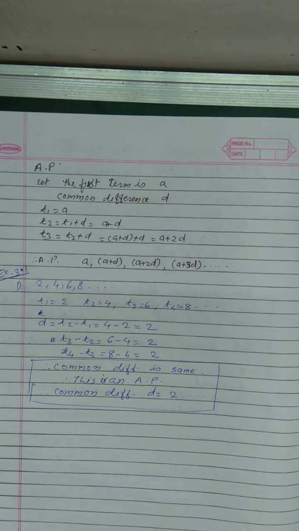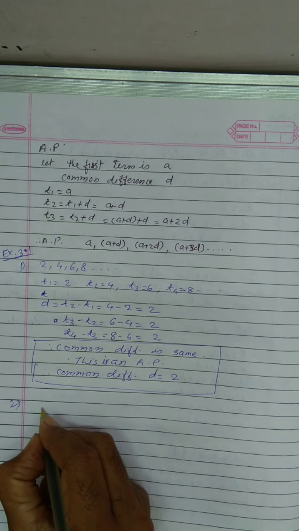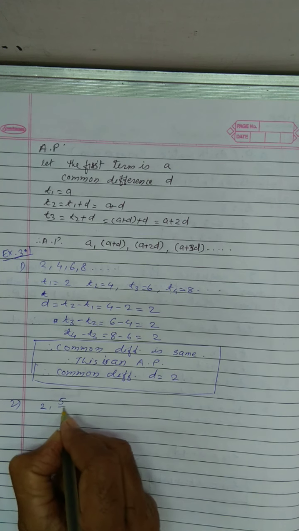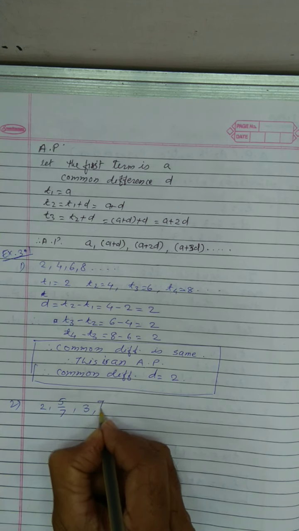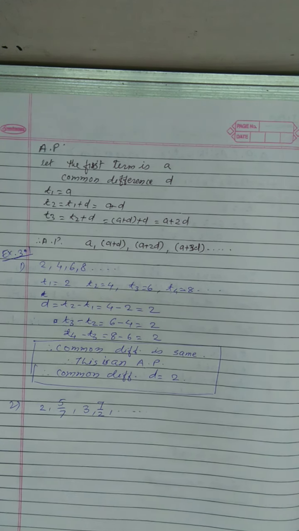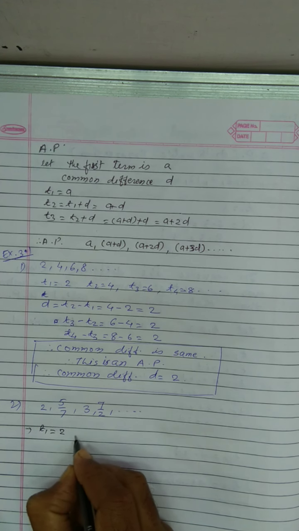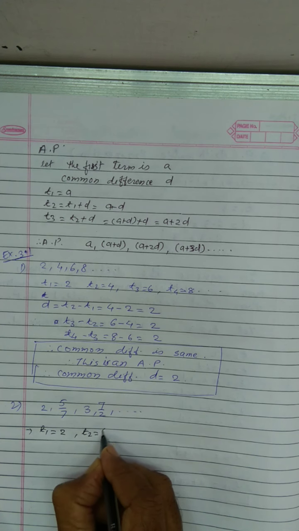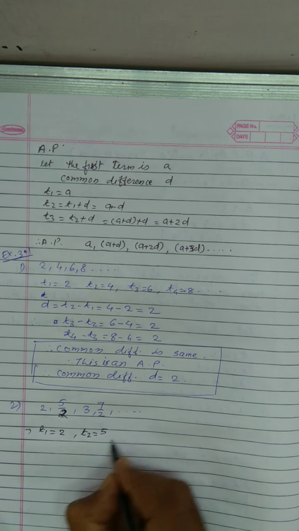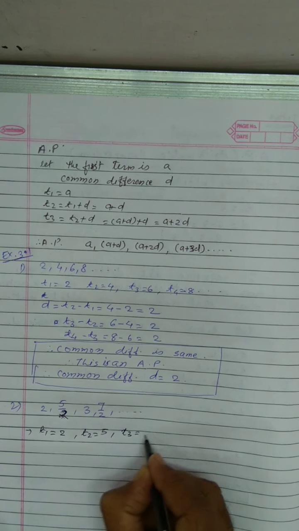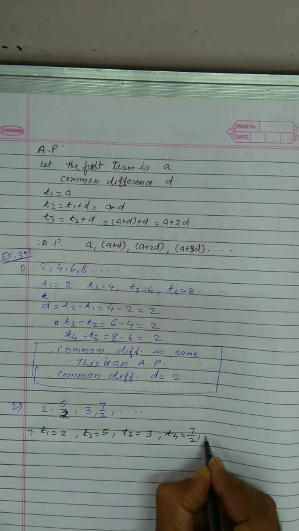Now let us see another example. The second example is 2, 5 upon 2, 3, 7 upon 2, and so on. Here T1 is equal to 2, T2 is equal to 5 upon 2, T3 is 3, T4 is 7 upon 2, and so on.